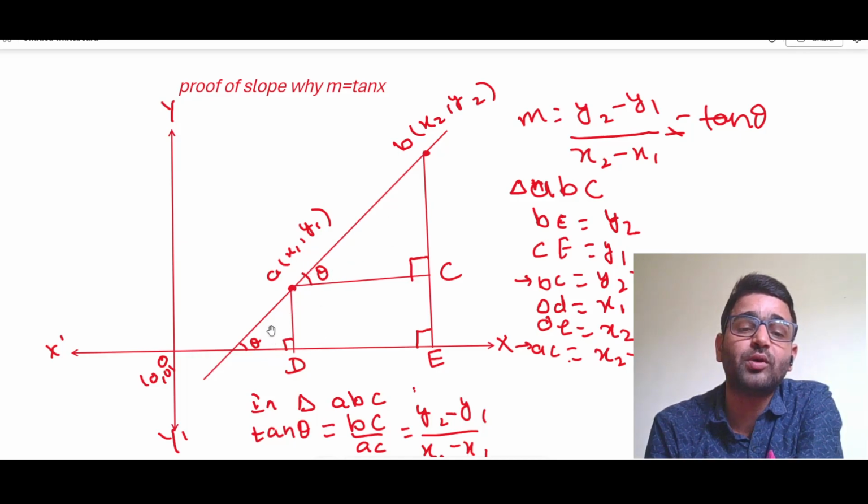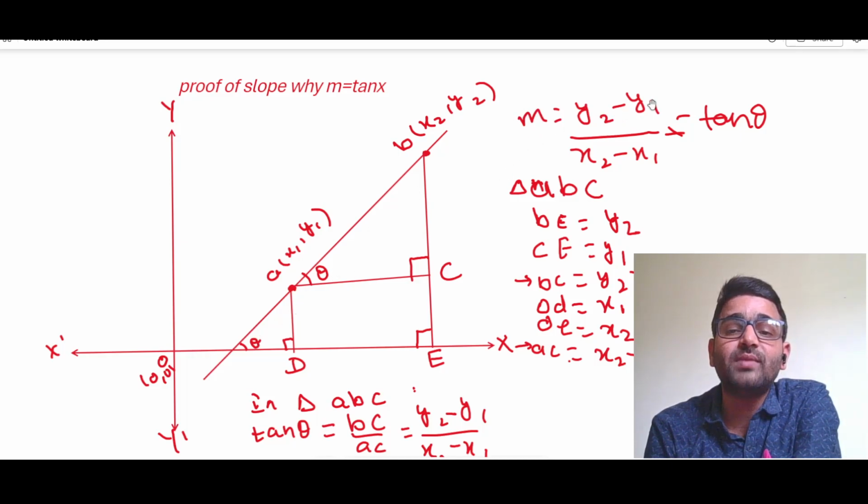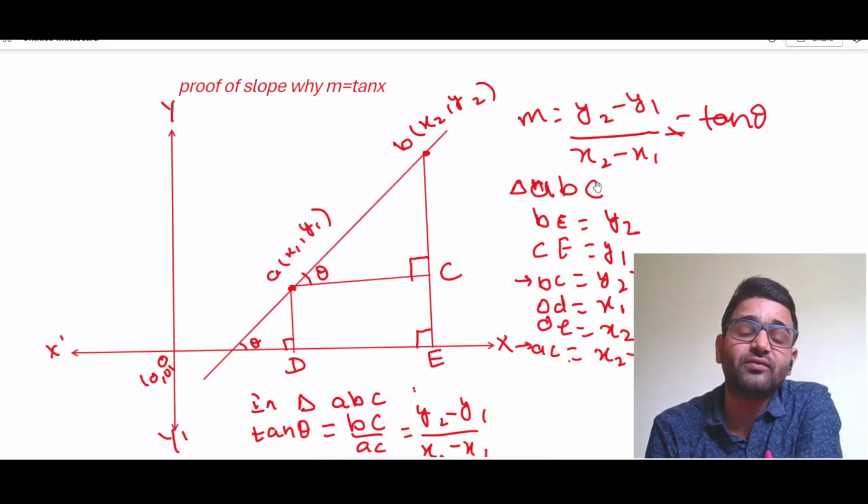So using that property, I have to prove m is equal to y2 minus y1 by x2 minus x1 is equal to tan theta.